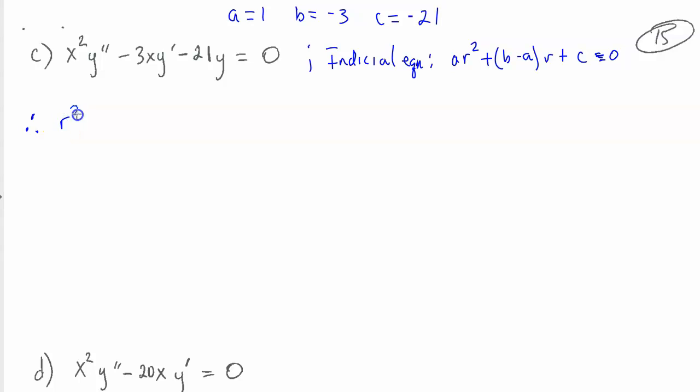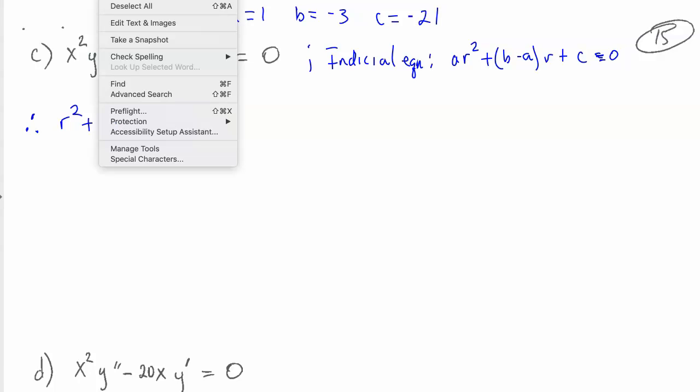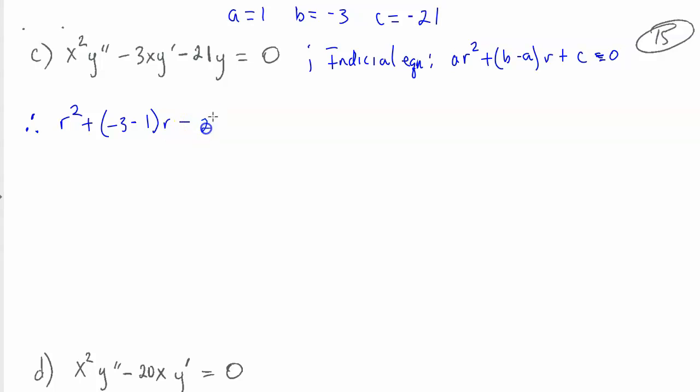So this would just be r squared plus b minus a times r plus the c, which is minus 21. So go ahead and take that off, equals 0. And so from here, this is just r squared minus 4r minus 21 equals 0.